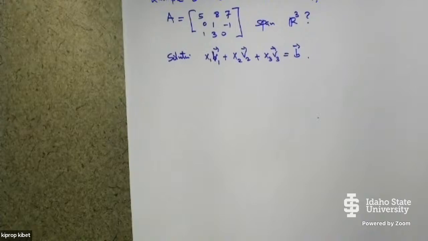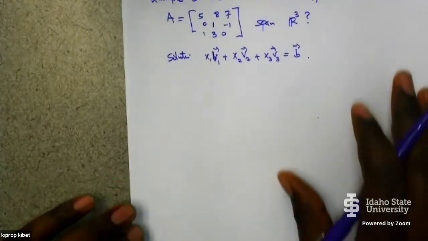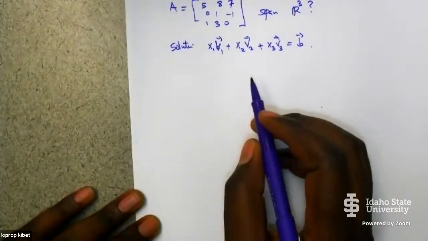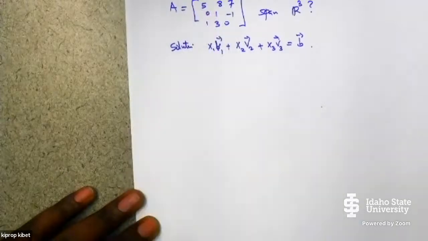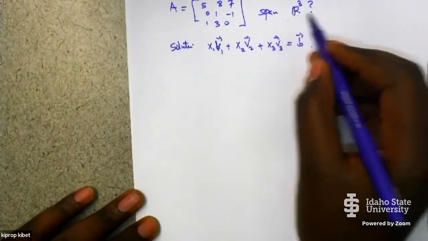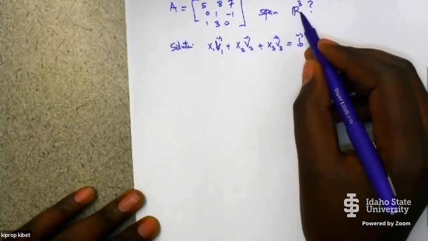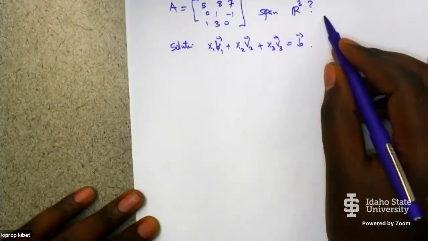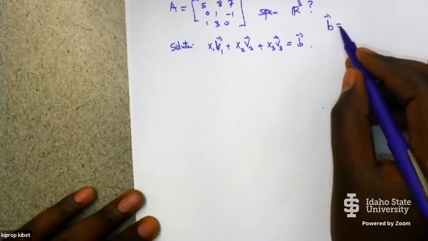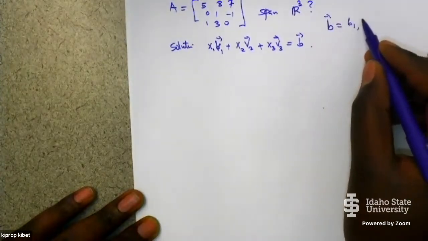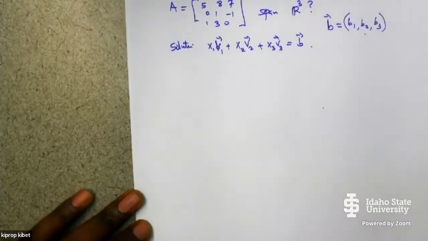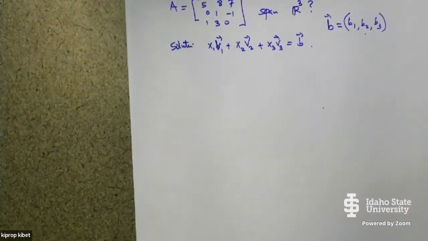For that to span R3, the elements of R3 are B, which equals B1, B2, and B3.